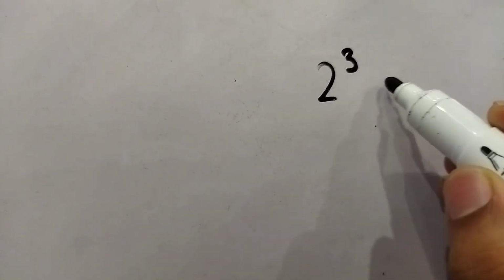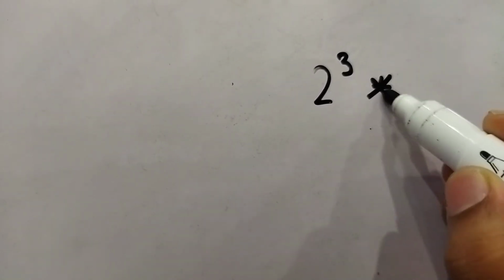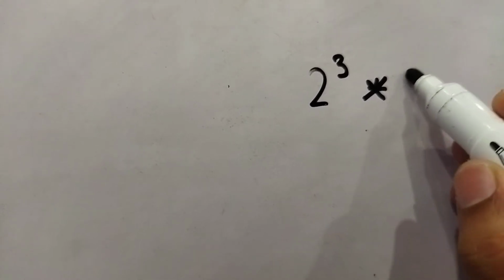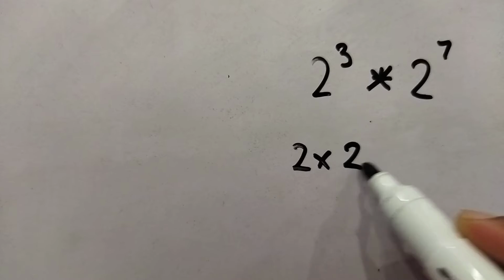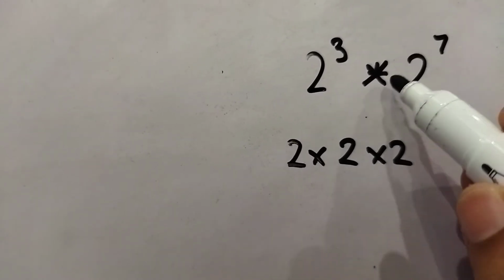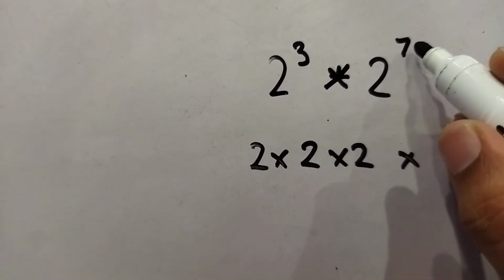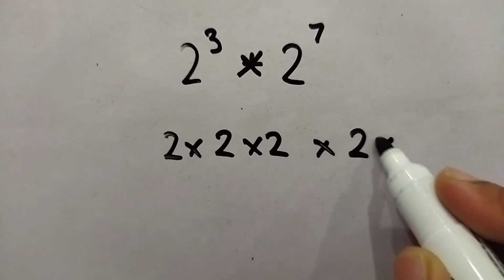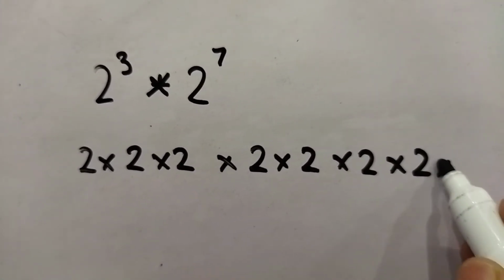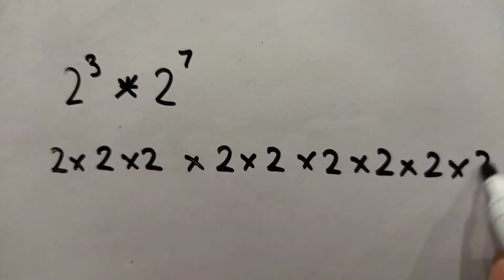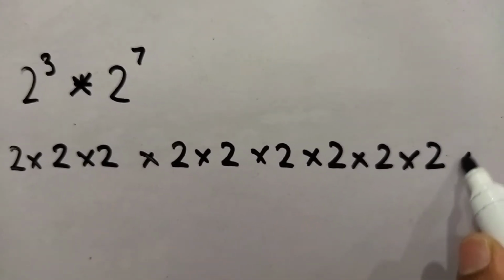And why are we doing this? Let me explain you. 2 raised to power 3 times 2 raised to power 7. It means 2 is multiplied to itself 3 times, right? And then here 2 raised to power 7 says that 2 is multiplied to itself 7 times. 2 multiplied by 2, multiplied by 2, 3 2's and 7 more.